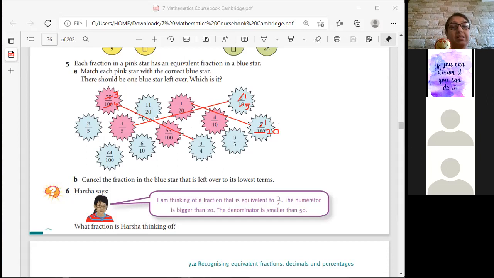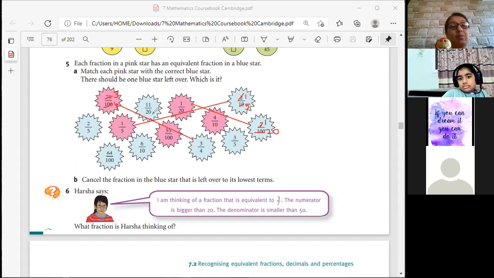Now the next one is 55/100. So I need 11/20. 5 11s are 55 and 5 20s are 100.